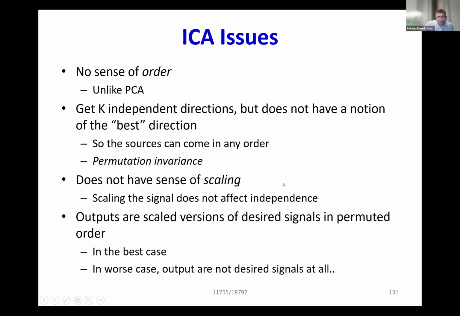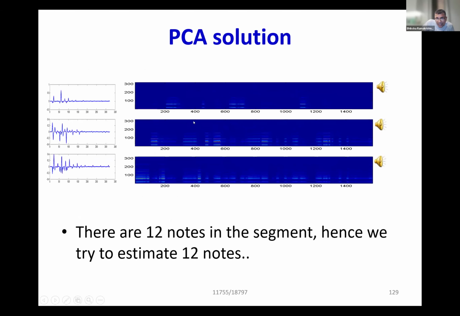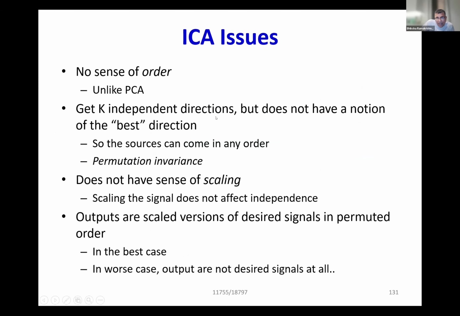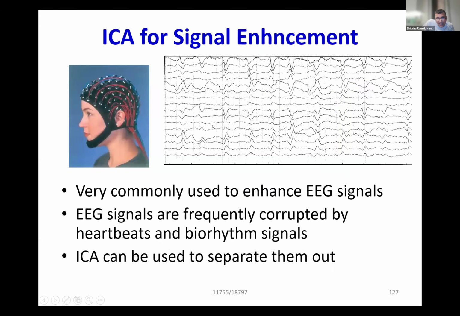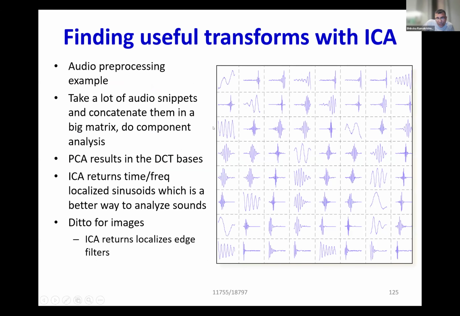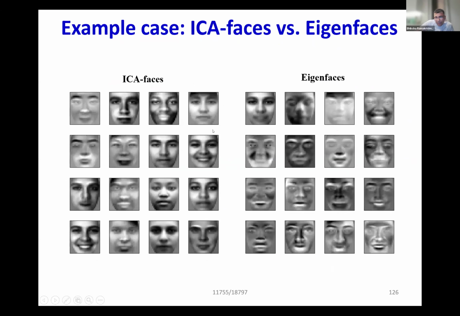And so ICA has this problem that it gets statistically independent directions. It doesn't have a notion of a best direction. It doesn't have a sense of scaling. And when there's structure beyond independence in the data, ICA is going to fail. But for data such as these, you can see that it actually does a very beautiful job. Anyway, I'll stop right here.